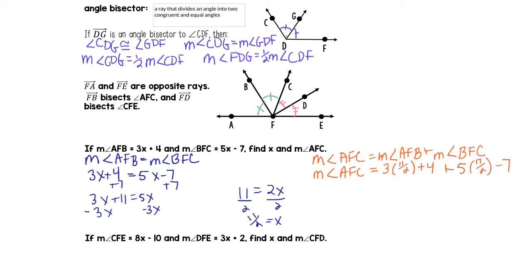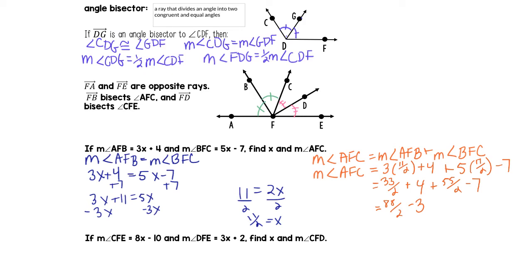Now we can just solve. We've got 33 over 2 plus 4 plus 55 over 2 minus 7. Well, 33 plus 55 is 88, 88 over 2, and then 4 minus 7 is minus 3.